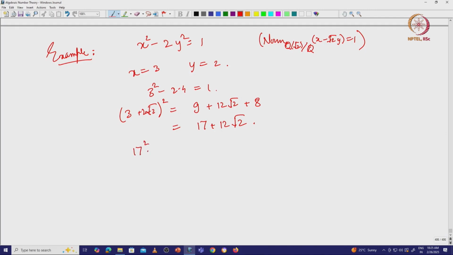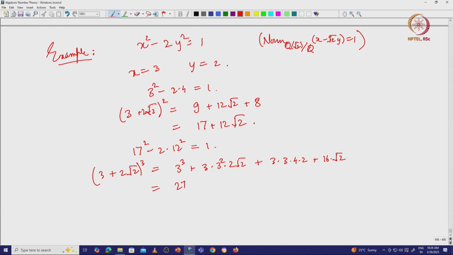So, you see that 17 squared minus 2 times 12 squared is also 1, and you can keep going. You can write 3 plus 2 square root of 2 cubed. This turns out to be, so maybe I will do this particular one explicitly for you. So, this is 3 cubed plus 3 into 3 squared into 2 square root of 2, plus 3 into 3 into the square of this, so 4 times 2, plus the cube of this, so 8 into 2, 16 square root of 2.